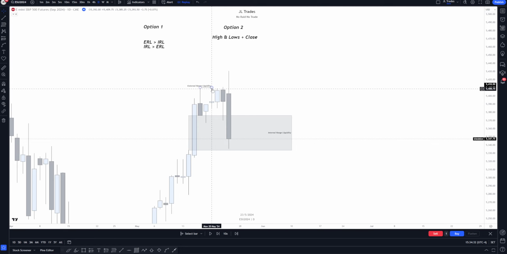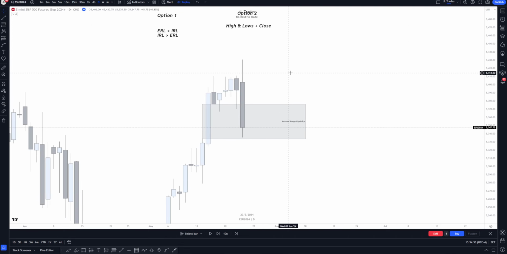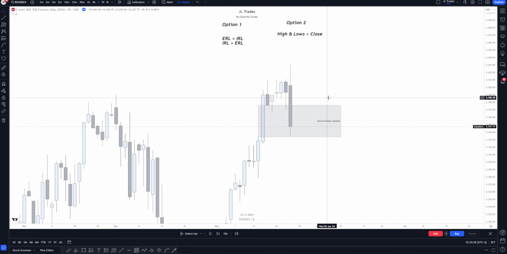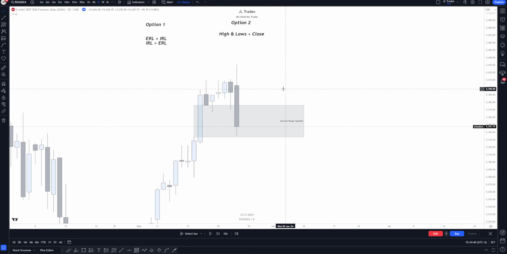Now, this is where it can get very confusing, or it might be difficult to understand potentially what price is going to do. But what you guys need to understand is that price is now located in a bullish FVG.